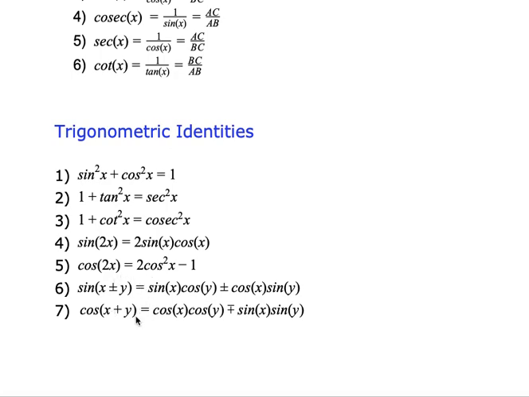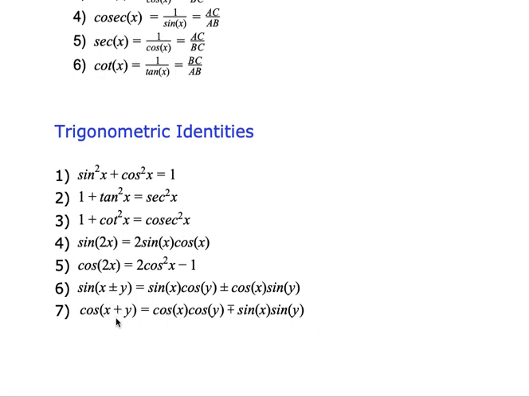Alright, just from these identities, you can derive identities 4 and 5. If you want sine 2x, put y as x as well. You will have sine of x plus x is equal to sin x cos x plus cos x sin x, which is simply 2 times sin x cos x. And if you wanted cos 2x, put y as x again. Again, I'm reminding you, there should have been a plus minus over here and a minus plus over here.